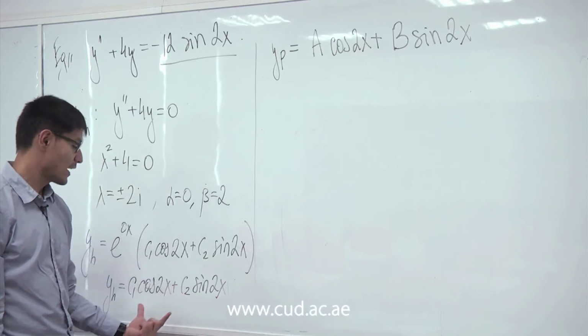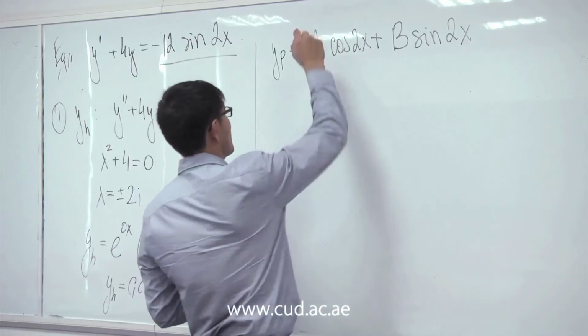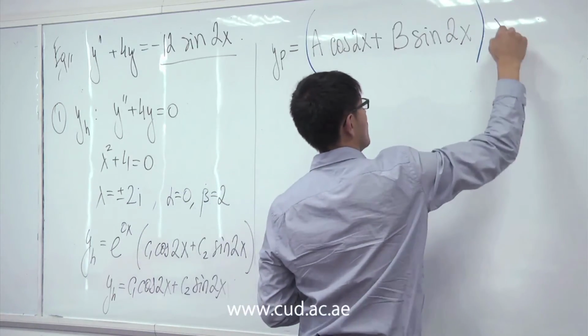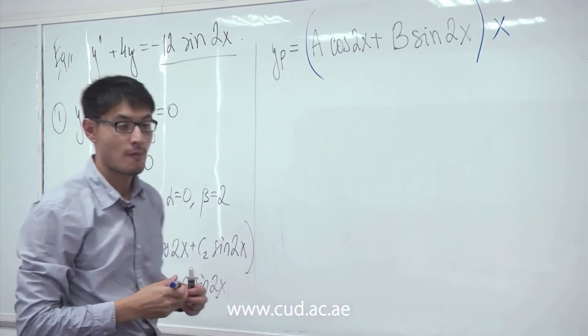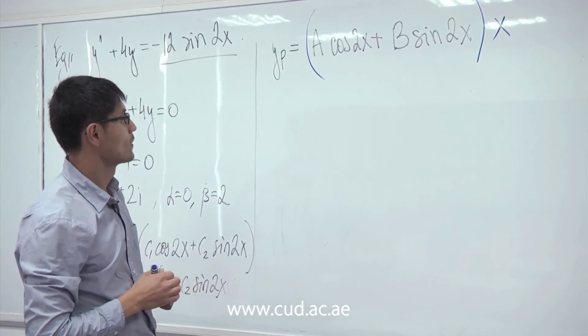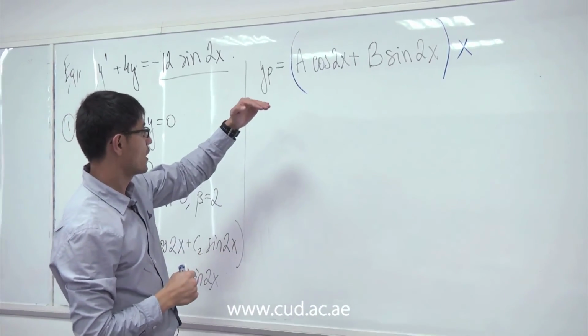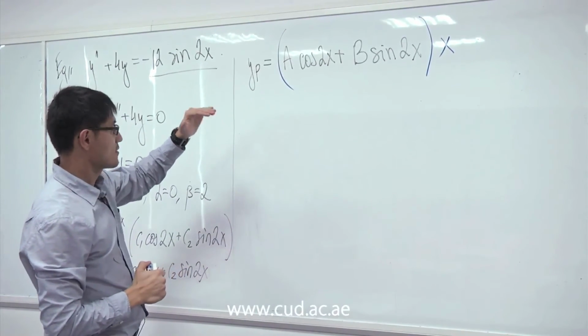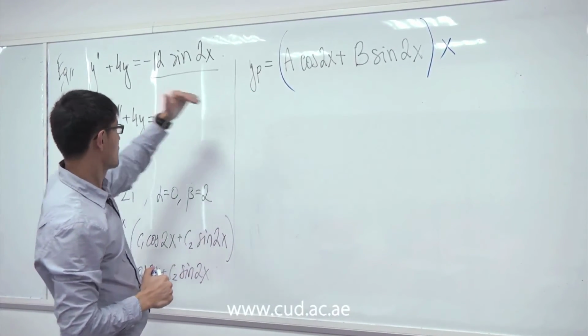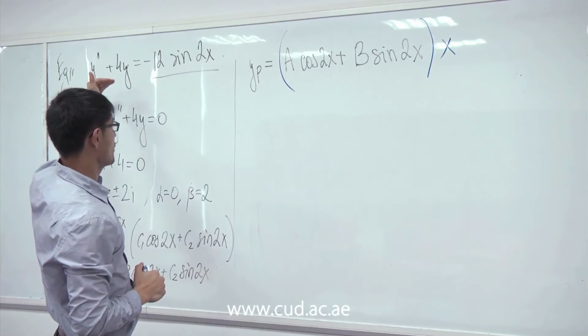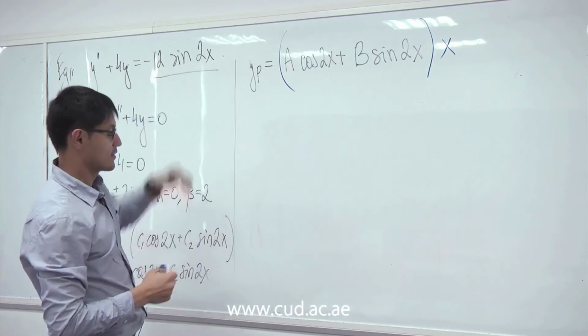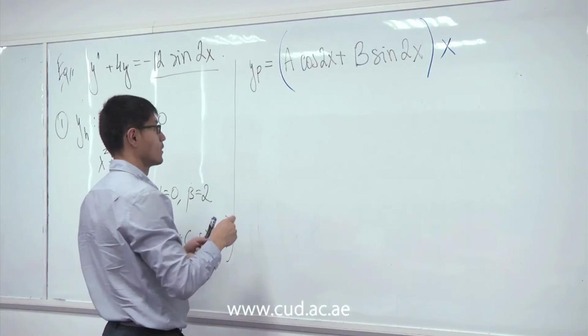So remember, in that case, what we have to do is multiply our solution by x. All right, so we'll take this as our yp. Now the rest is the same. We want to take the derivatives and put it on the left-hand side of the differential equation, make it equal to the right-hand side.